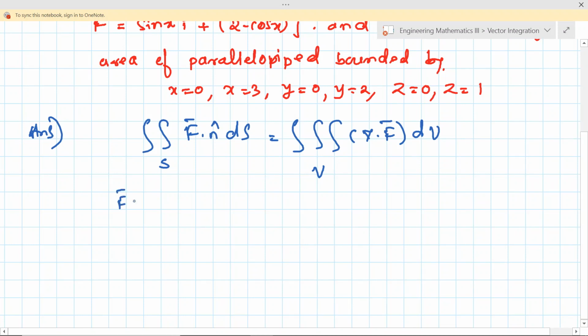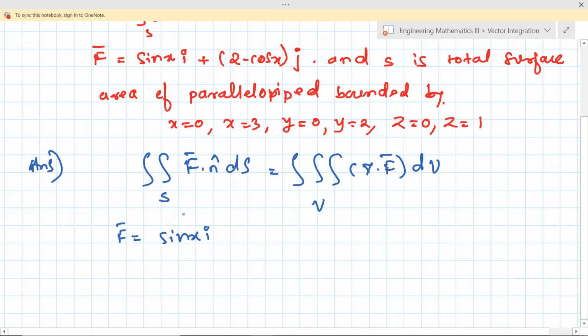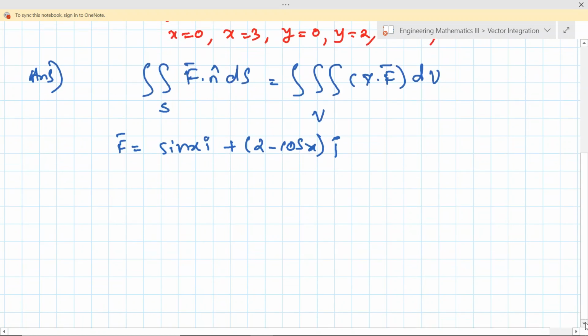Now here what is F bar? F bar is equal to sin x i plus (2 minus cos x) j. This is my F bar, and therefore what is del dot F bar? It is del F1 by del x plus del F2 by del y plus del F3 by del z.